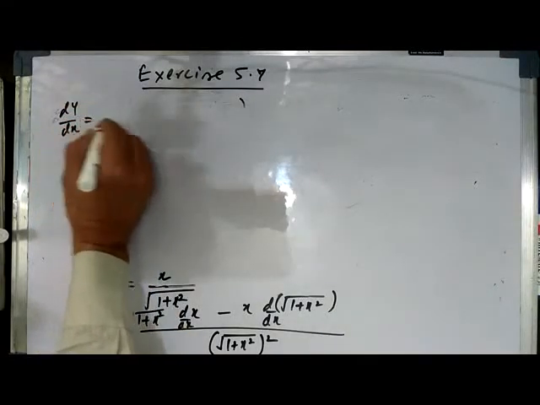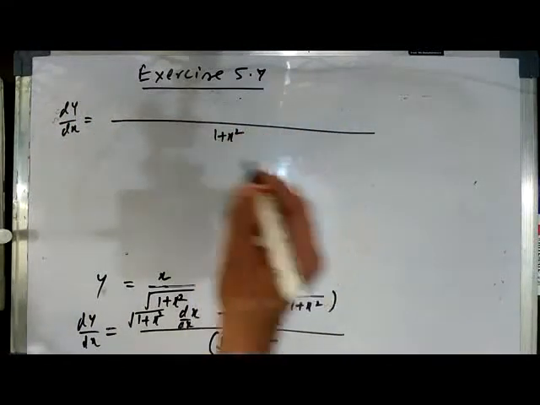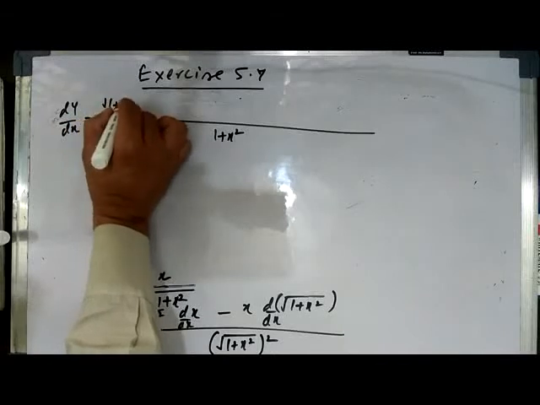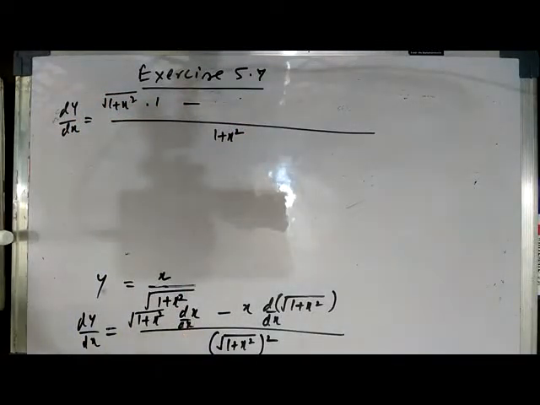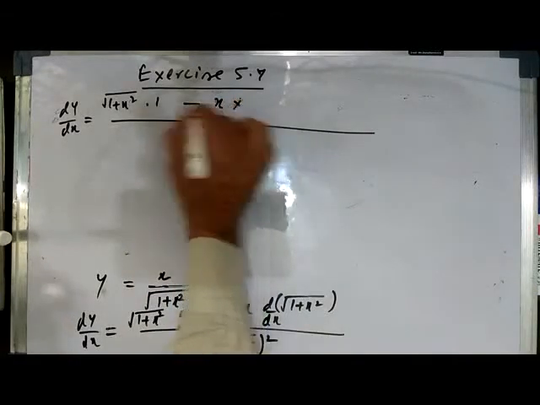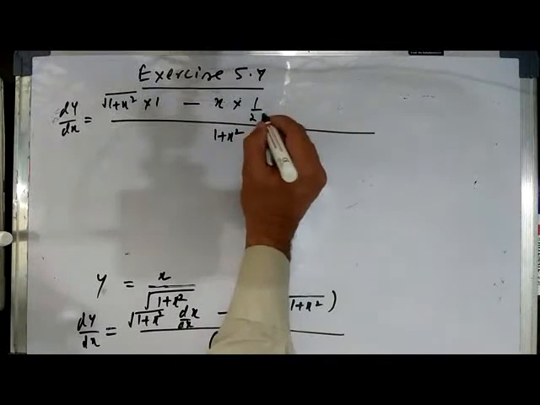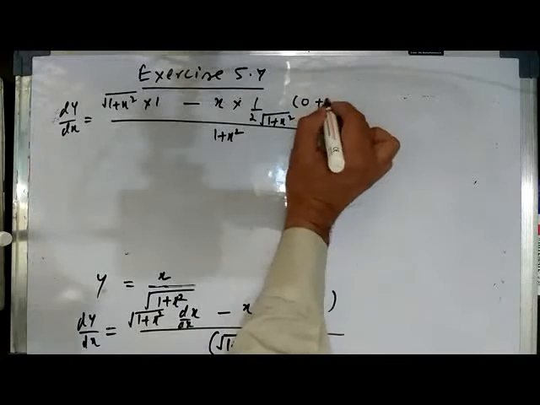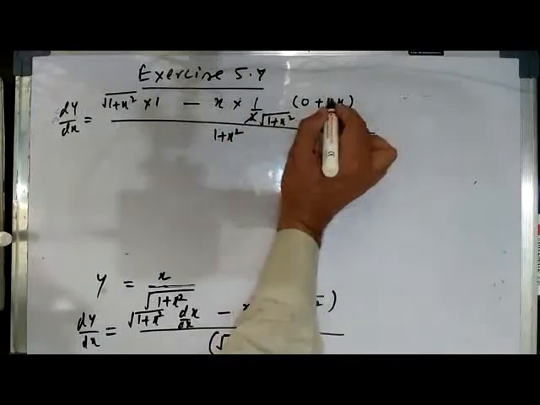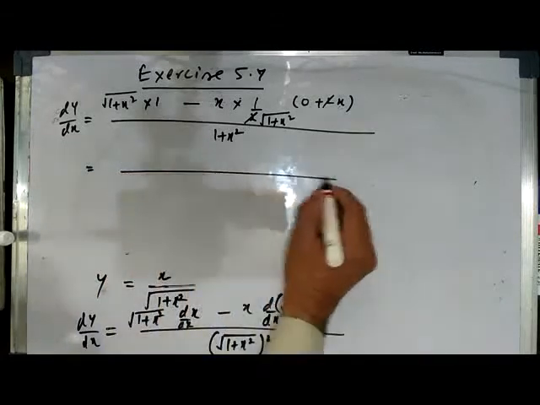dy dx is 1 plus x square, root 1 plus x square into 1, the differential of x with respect to x is 1, x into the differential of this function is 1 upon 2 root 1 plus x square with 0 plus 2x. Now further, only algebraic terms are left.